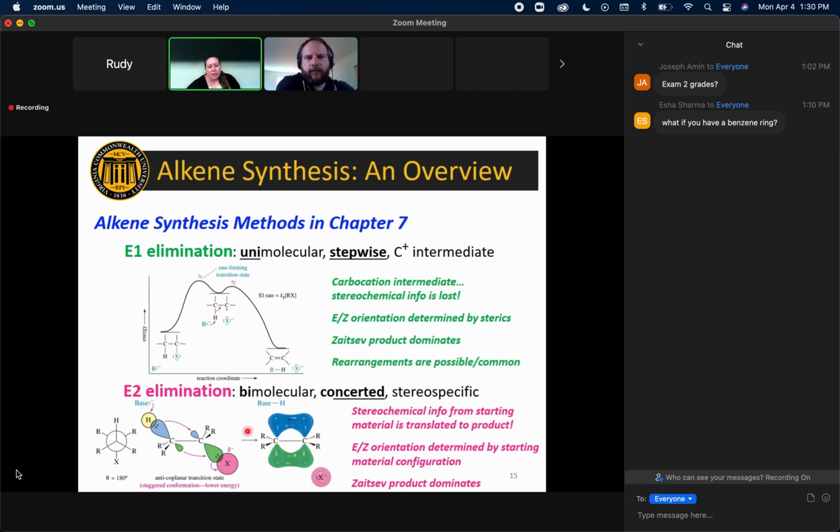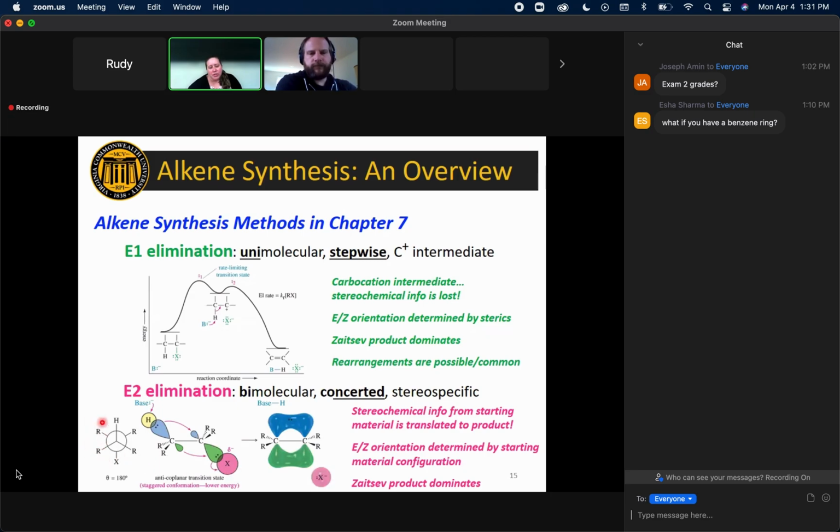We can contrast this with E2 elimination, where the E or Z orientation is not at all relevant to sterics. The sterics have nothing to do with an E or Z orientation, because the E or Z orientation is set in stone by wherever the groups are relative to your proton and your leaving group when it is pre-organized as an anti-coplanar transition state.